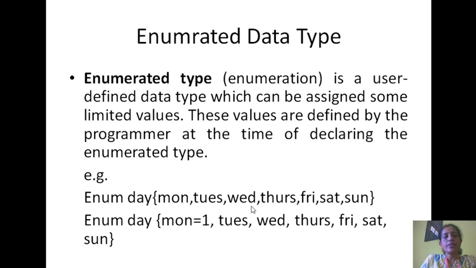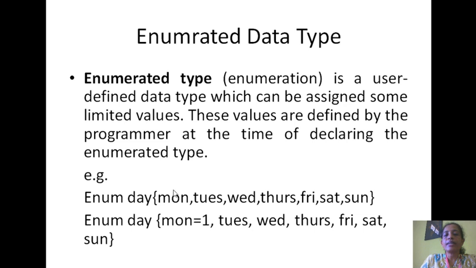In the user defined data types we get one data type, the enumerated data type, which is one of the user defined data types, and we can assign values for a particular variable. Here I explain with one example. Enum day is the enumerated data type.